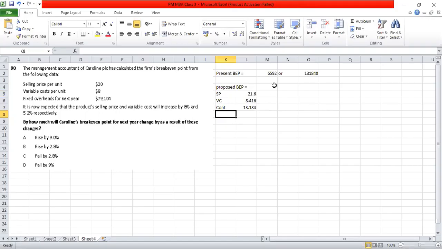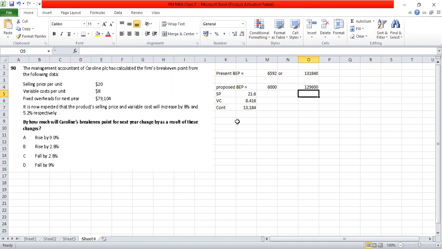Then the proposed break-even point will be 79,104 divided by 13.184. That's 6,000. Or we can also have this as 6,000 into 21.6. Either way.